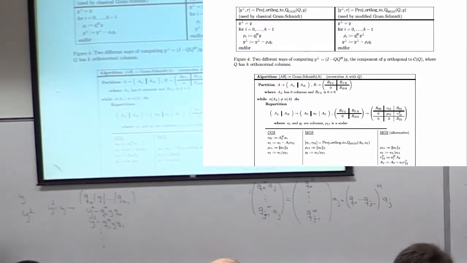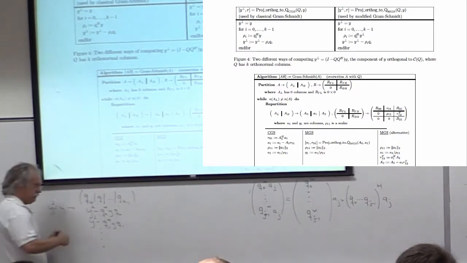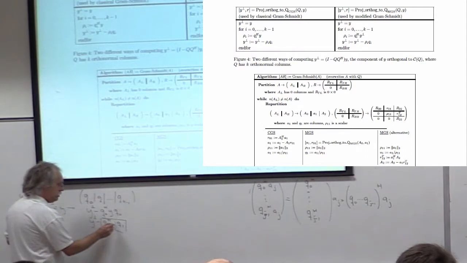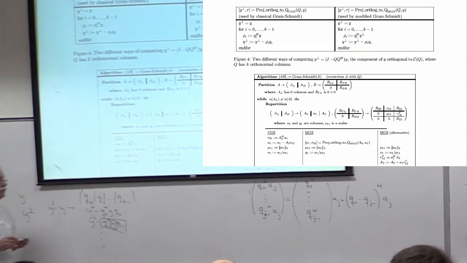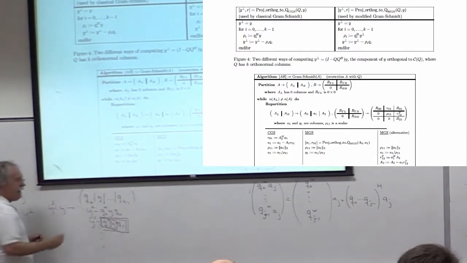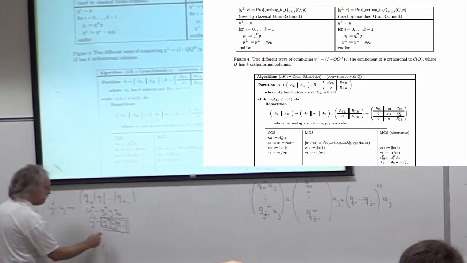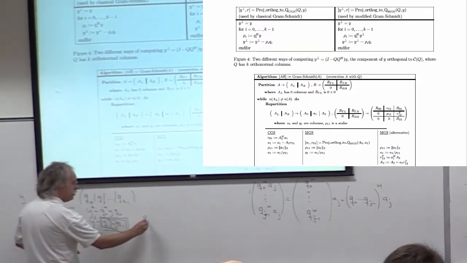Now, in the process, y perpendicular starts shrinking, shrinking, and shrinking along the way. But notice in each of these computations, you continue to use the original vector y. And what happens is that these computations end up with error in them. It may very well be that this computation creates error in the direction of the vector Q2.